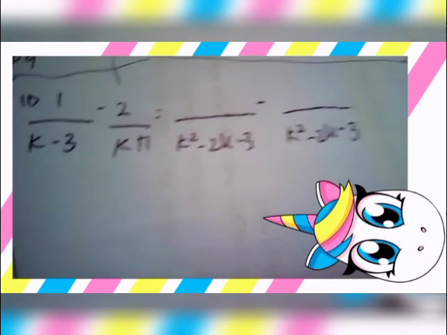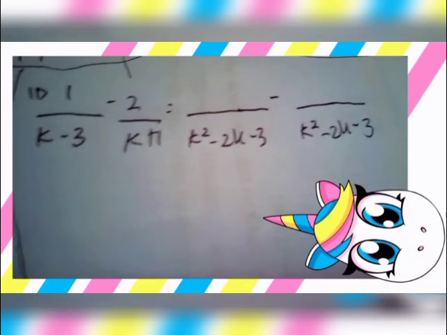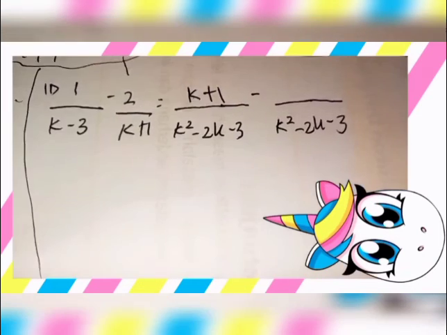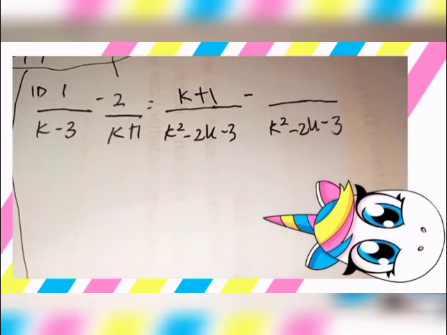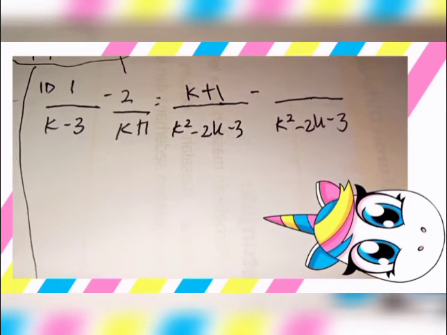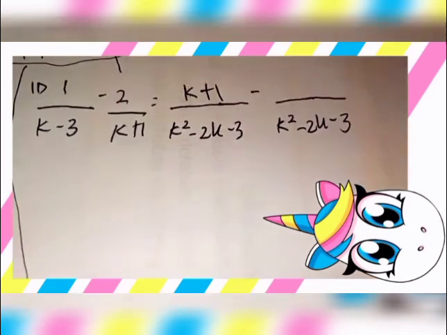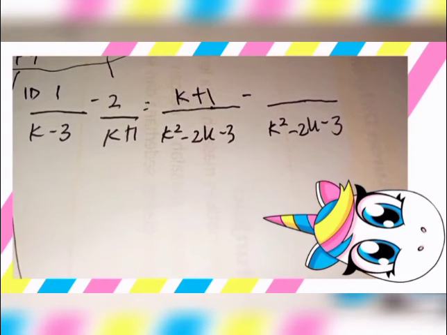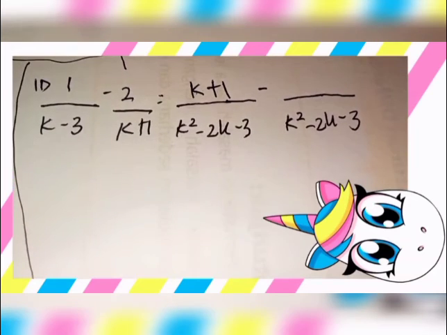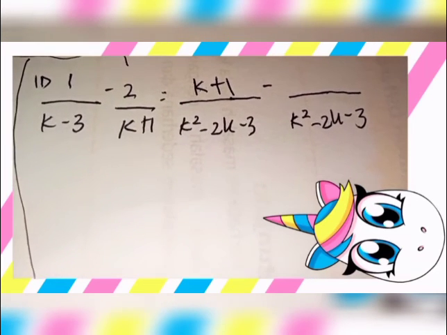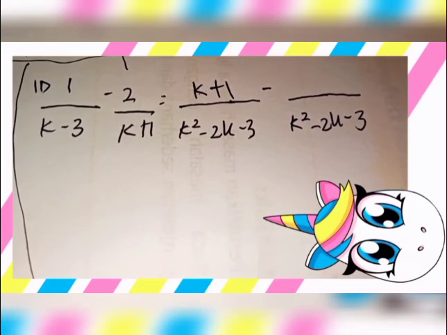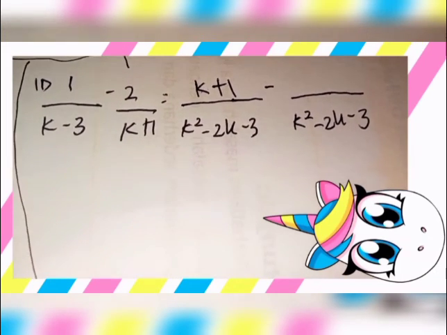Then times the numerator 1 equals k plus 1. In the second fraction, the denominator is k squared minus 2k minus 3 divided by k plus 1 equals k minus 3. Then times the numerator 2 equals 2k minus 6.